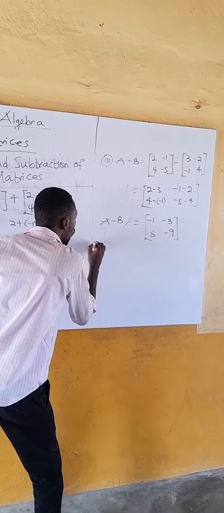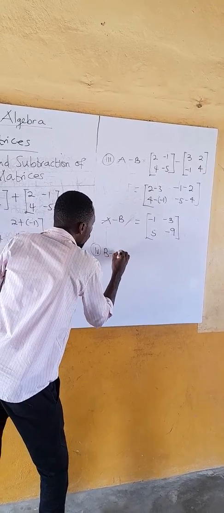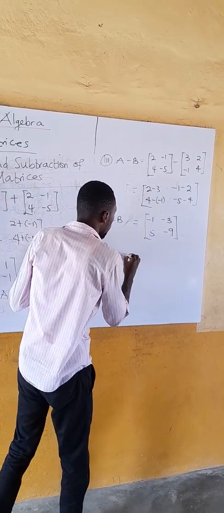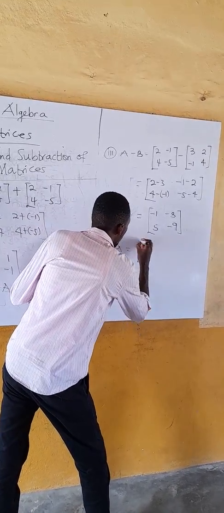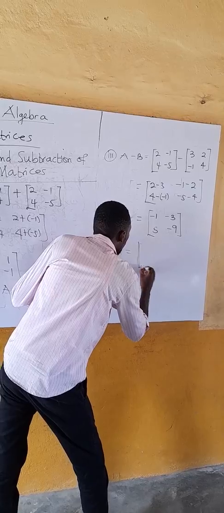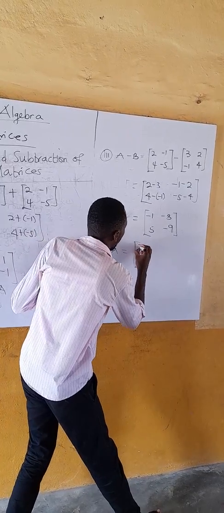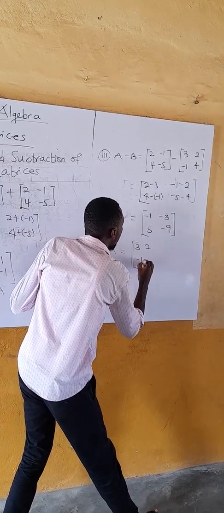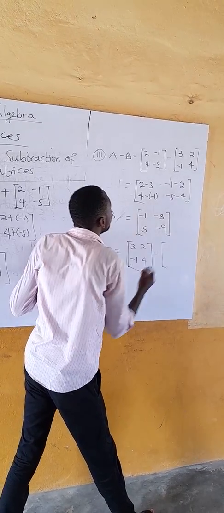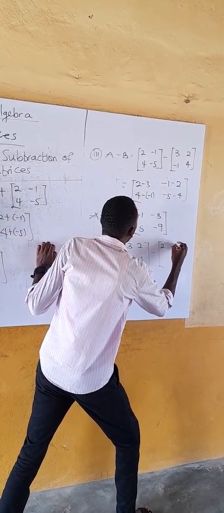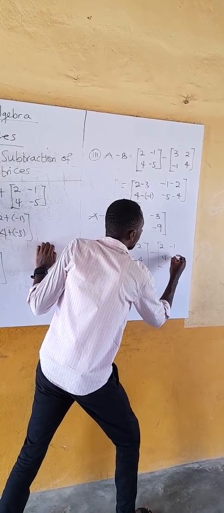Now let's find the fourth one, which is B minus A. So now, what's our B right now? B will be 3, 2, minus 1, 4, minus 2 minus 1, 4, negative 5.